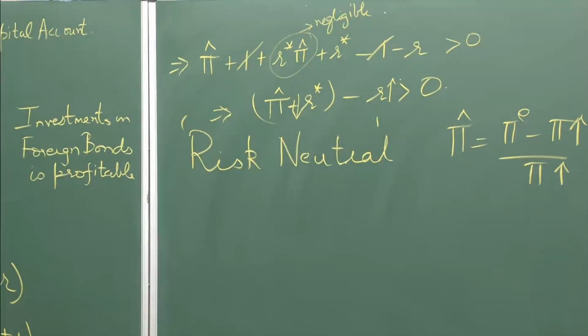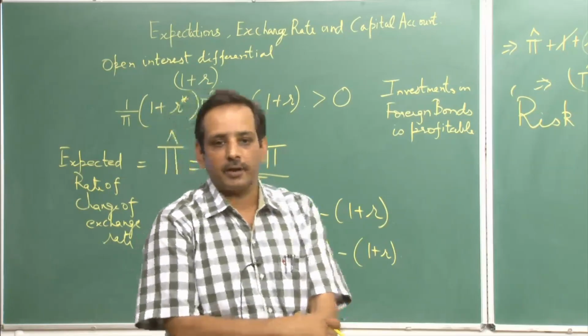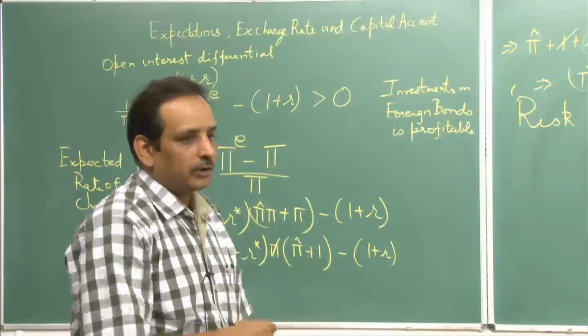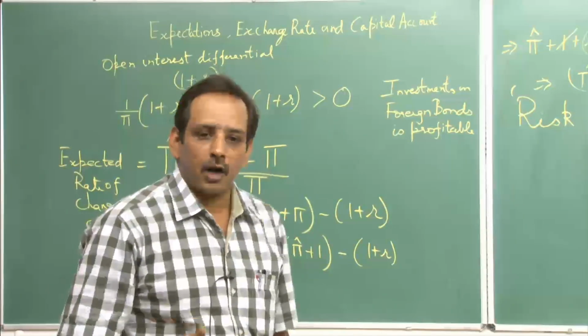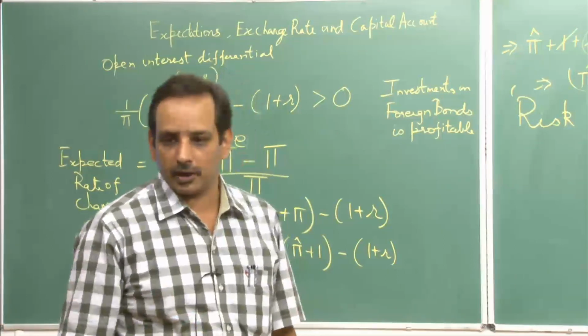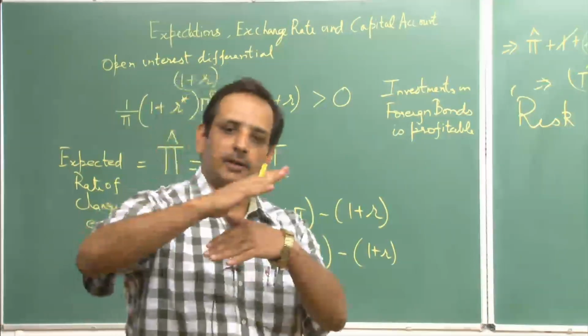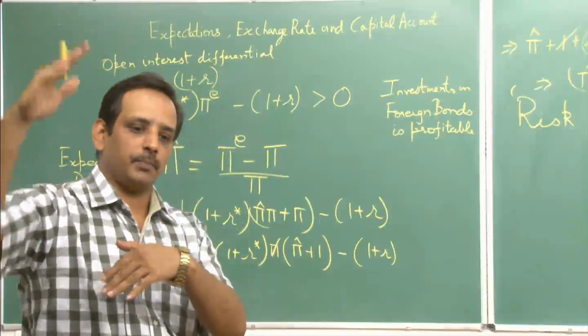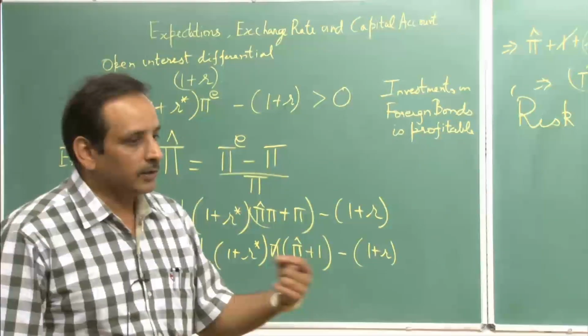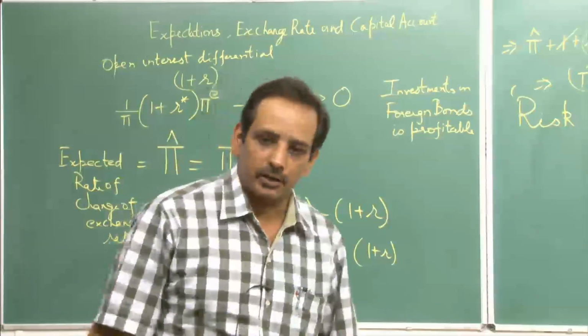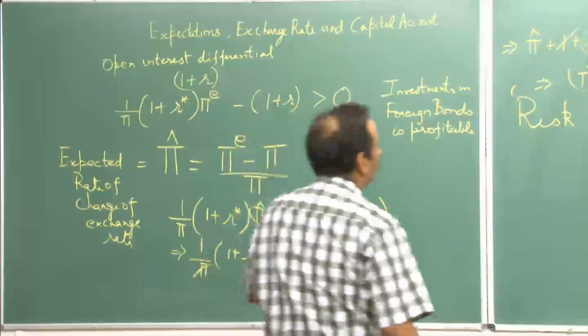the foreign currency appreciates or your domestic currency depreciates, because you start demanding foreign bonds, and you need foreign exchange. When the demand for foreign exchange goes up, and this being a flexible exchange rate regime, pi goes up.